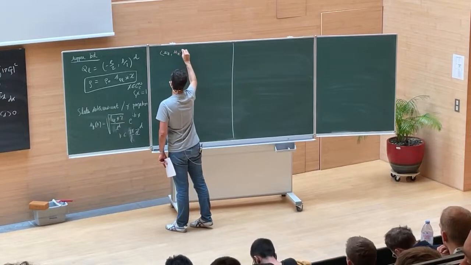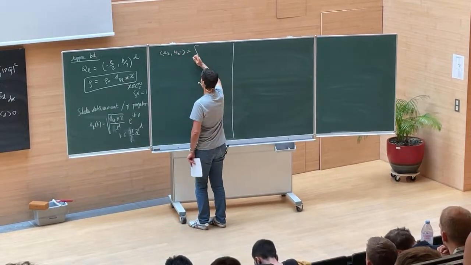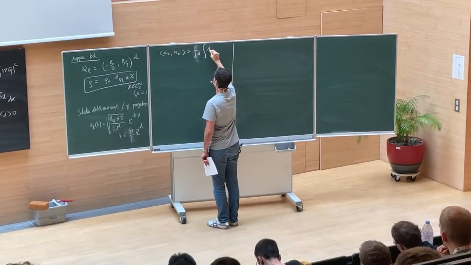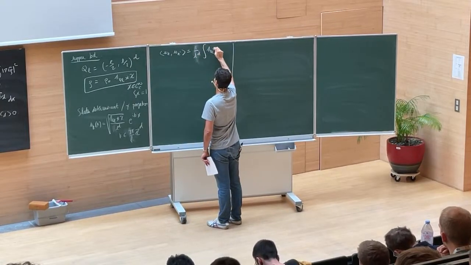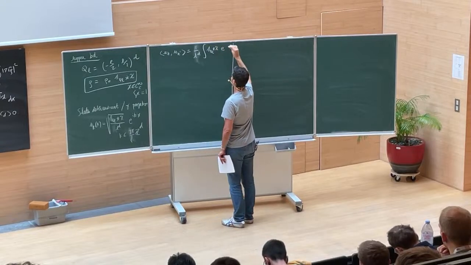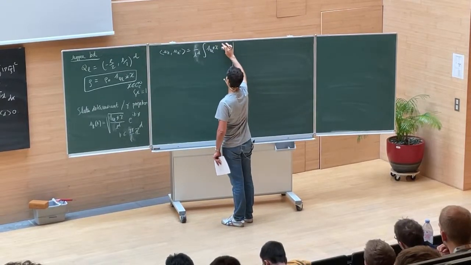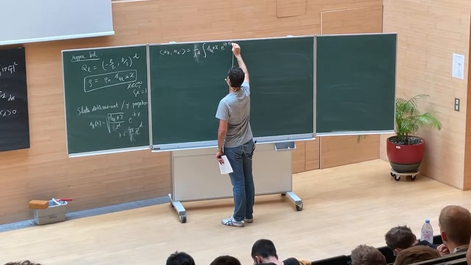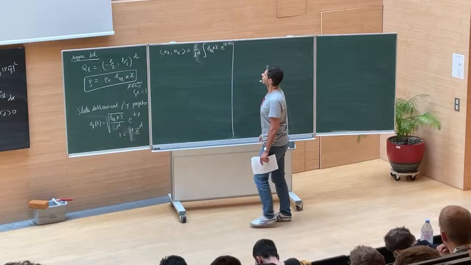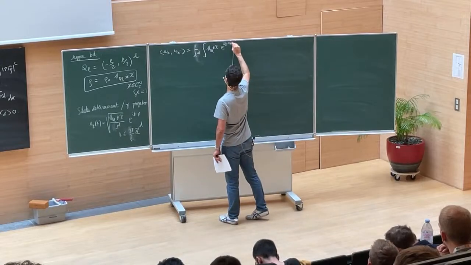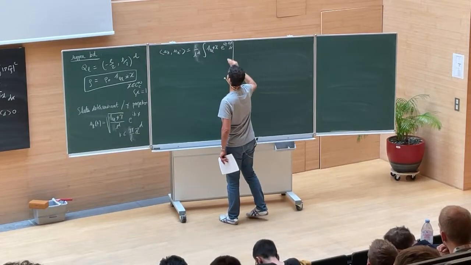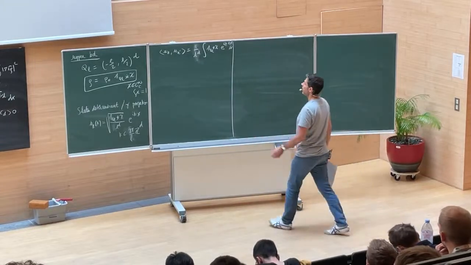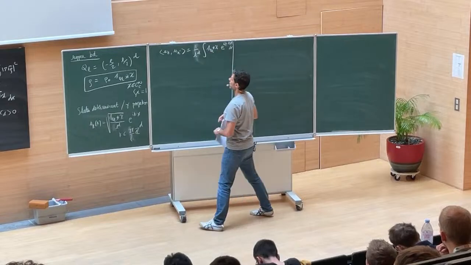u_k u_k prime, you get 1 over the volume, and then you get the integral of 1_{Q_L}, the characteristic function of the cube, times e^{i(k-k')·x} dx. Okay? And now you see, it's a convolution. So what is that?